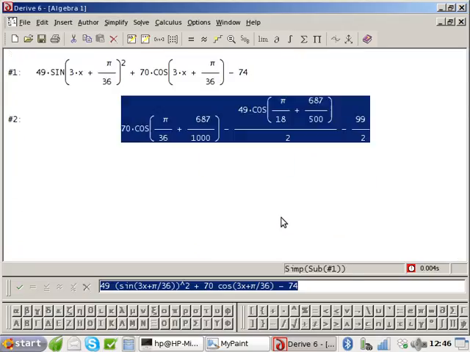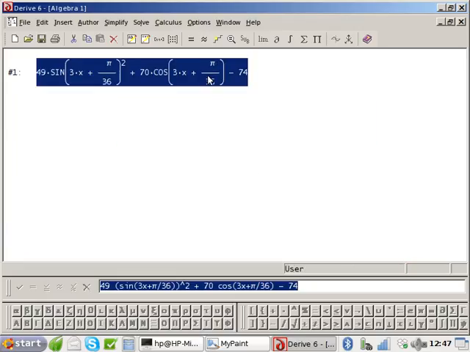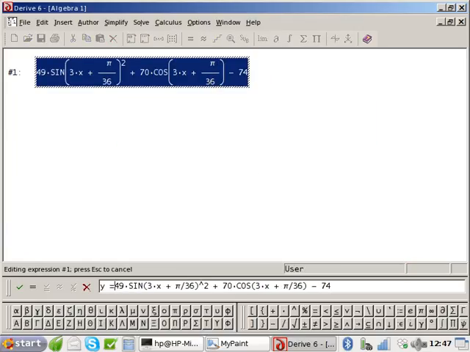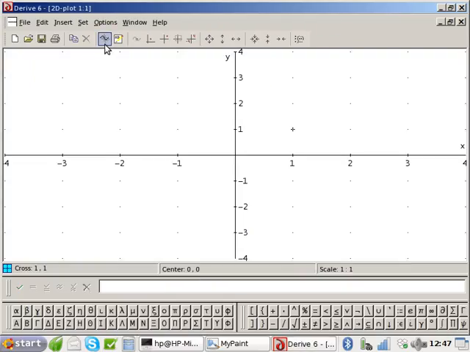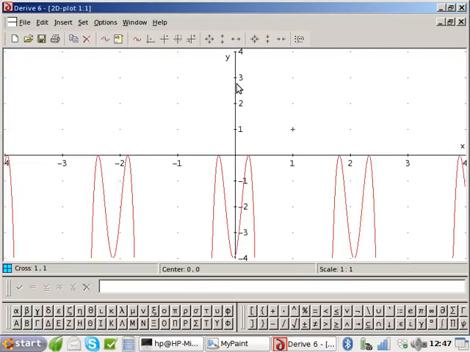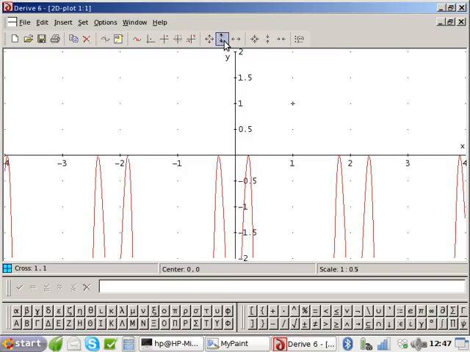So if I was to draw this graph, if I make y equals here, how many roots should it have between 0 and 2 pi? It should have 6 roots. So if we were to look at the graph, it should be something that crosses the axis 6 times. Now we'll have to zoom here a bit.